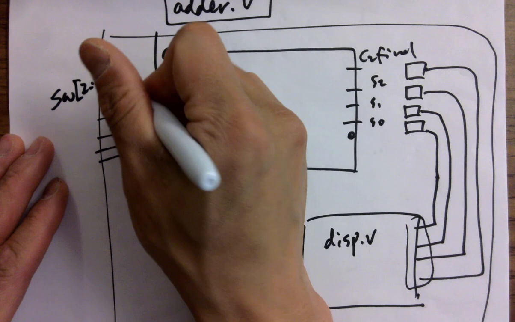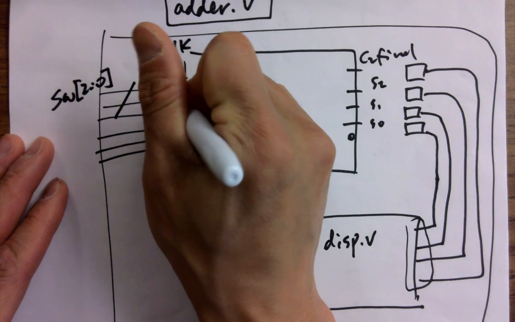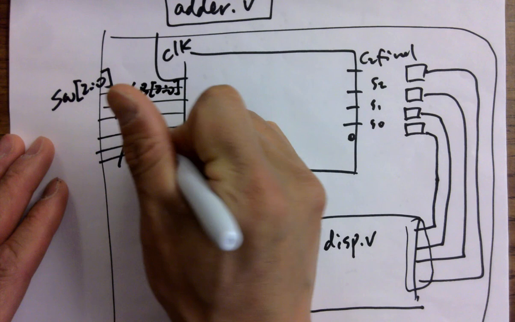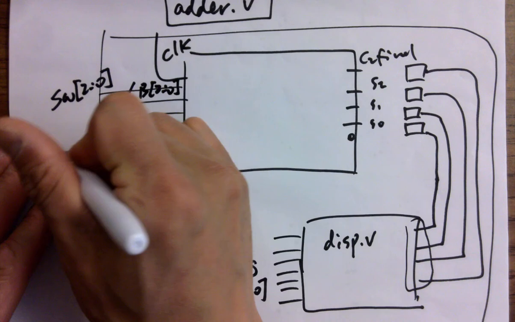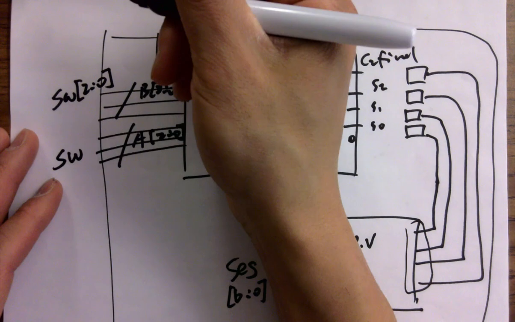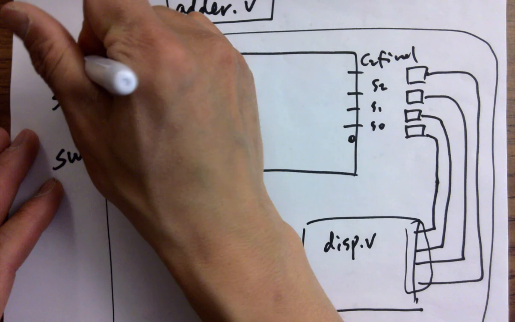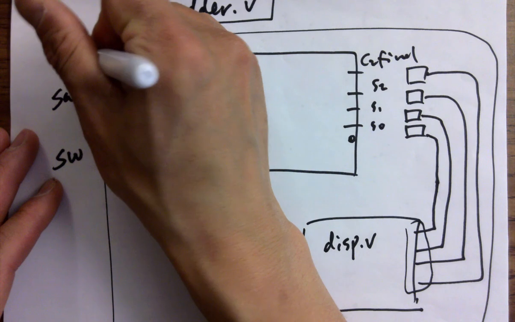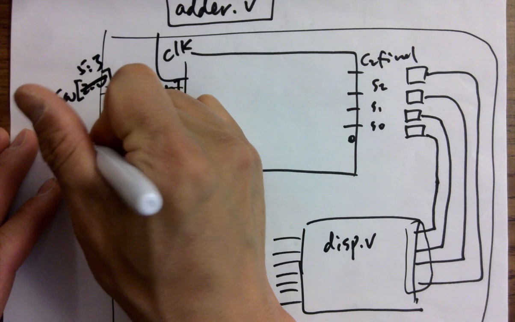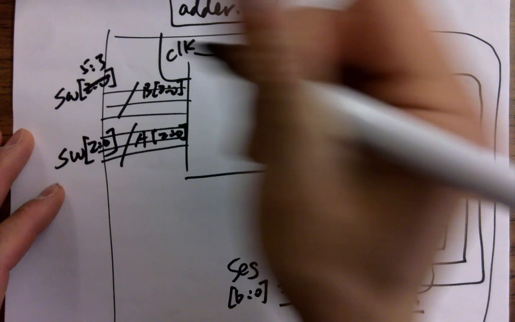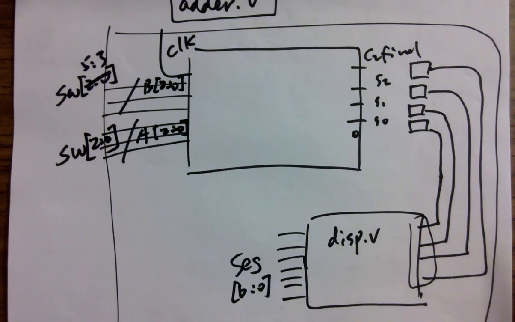A's and B's, right? So these are the B's, and these are the A's. B's usually is 5 to 3, and this is 2 to 0. B's and A's, right?